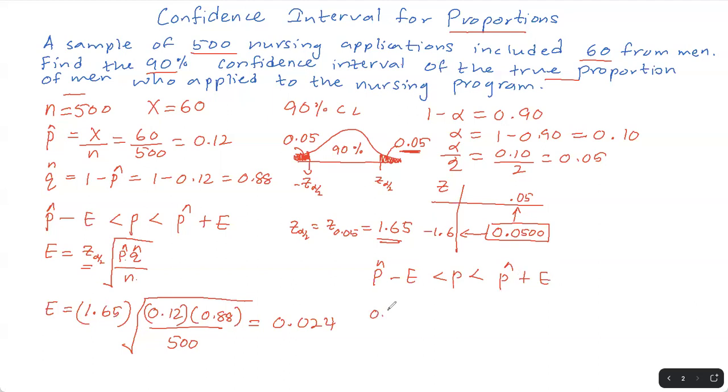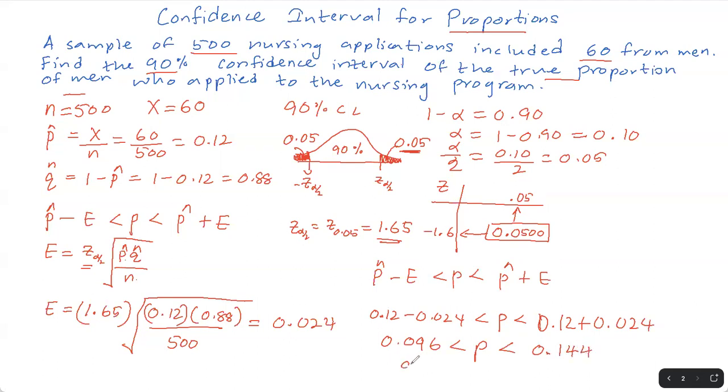P hat is 0.12 minus 0.024, less than population proportion, less than sample proportion 0.12 plus margin of error 0.024. So this is 0.096 less than P less than 0.144.